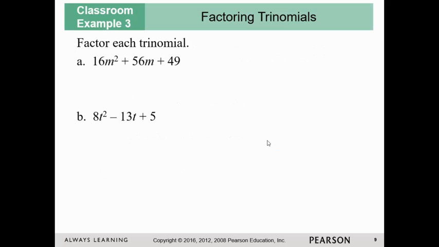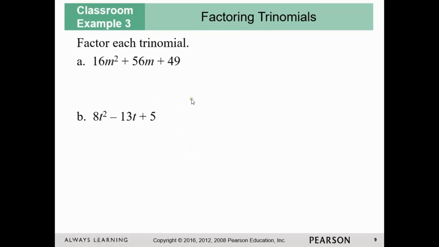So looking at A, this happens to be a perfect square trinomial because the square root of 16 is 4, and the square root of 49 is 7. And if we were to do 4 times 7, we would get 28. And if we were to double 28, we would end up with 56.